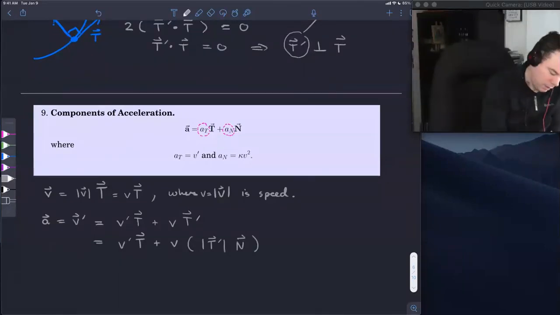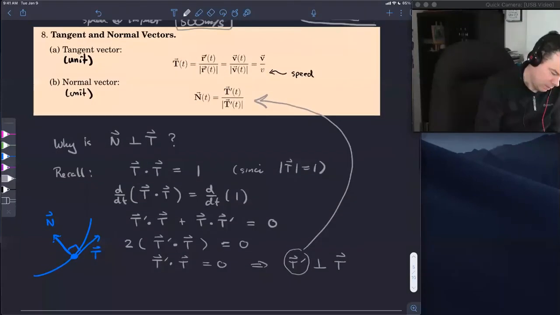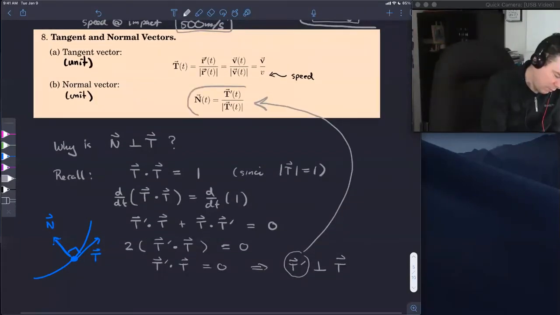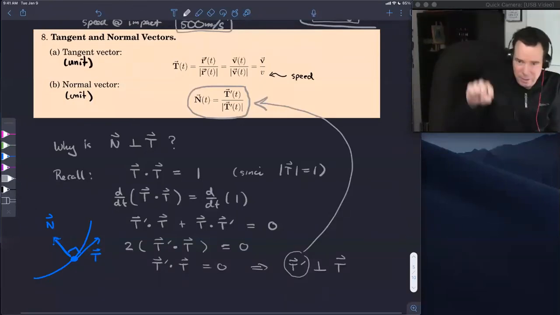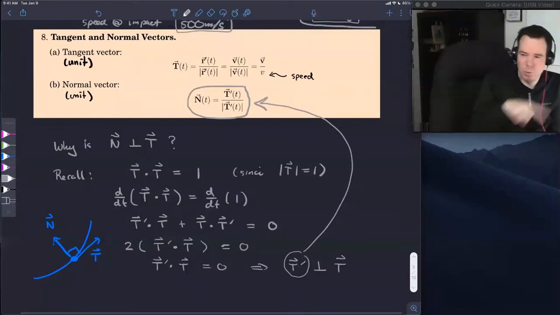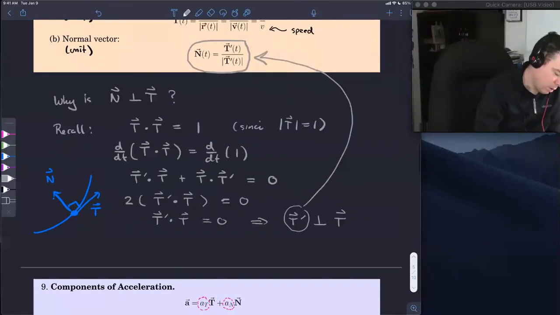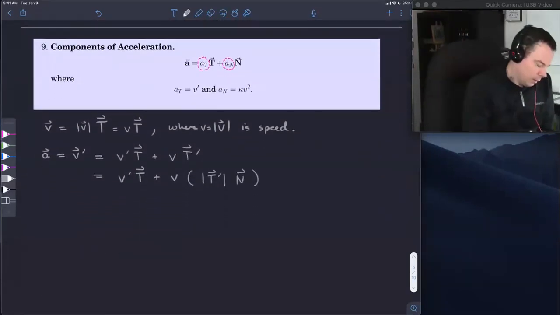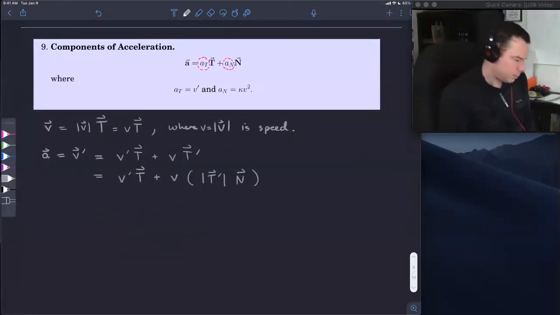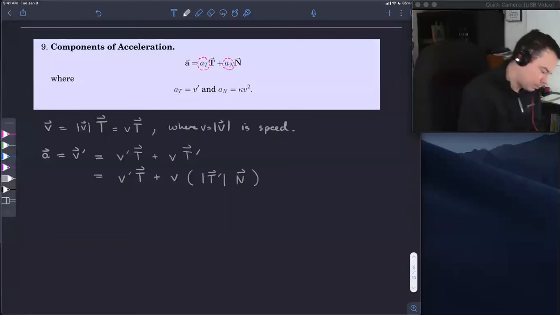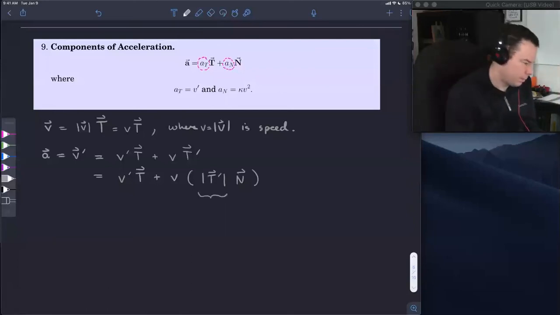All I did was take my definition of n, move the magnitude, which is in the denominator of the right-hand side, and multiply both sides by it so it's sitting next to n. Then I got an expression for t prime: t prime is the magnitude times n. And then, what is the magnitude of t prime?